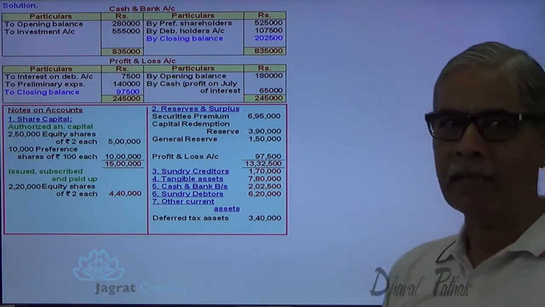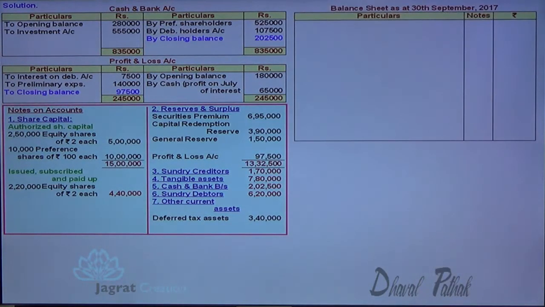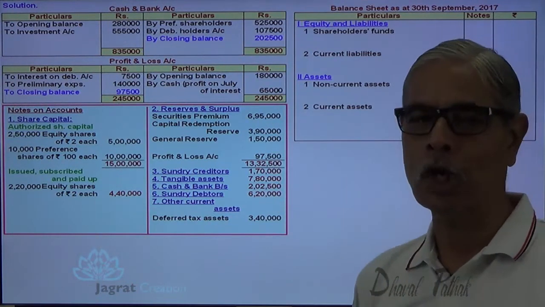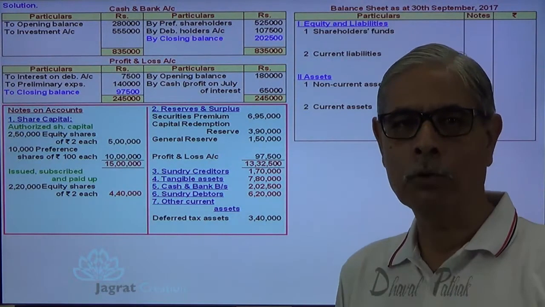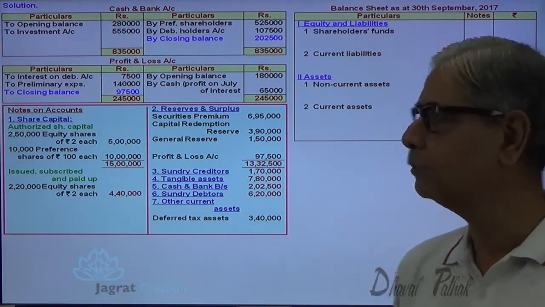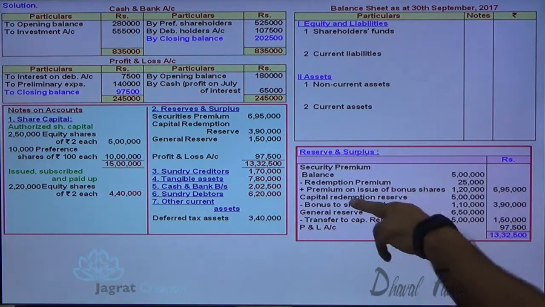Now I have to prepare the balance sheet. These are the titles of the balance sheet. As I told you, the reserves and surplus should not be reported in this fashion. You should mention how the balances have changed during the year, and this is how it should be reported. Just observe.